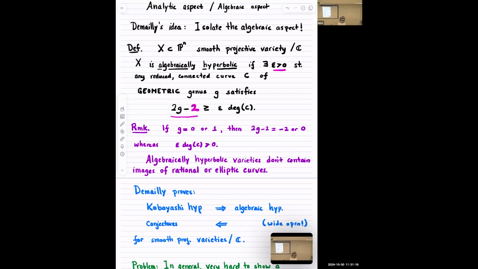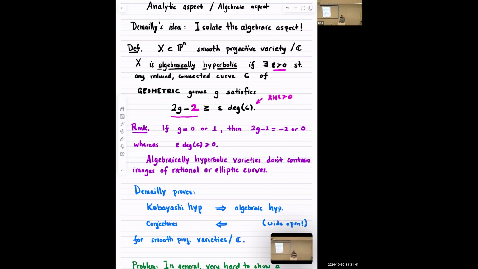This is the right-hand side, I guess. The right-hand side here is always strictly positive. So if you had genus 0 or 1, then the left-hand side would be negative or 0. So you see that that cannot happen. Okay, so algebraically hyperbolic varieties do not contain images of rational or elliptic curves.